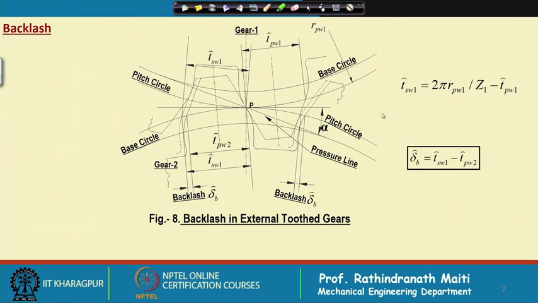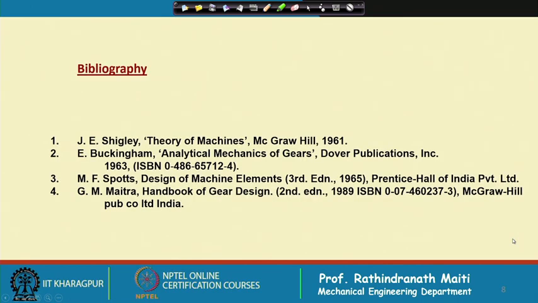Here all the nomenclature is given from which we can have the concept of backlash, and we should remember, if the backlash is provided, then contact is always at the load point, not at the other flank. So, we can follow the following books.